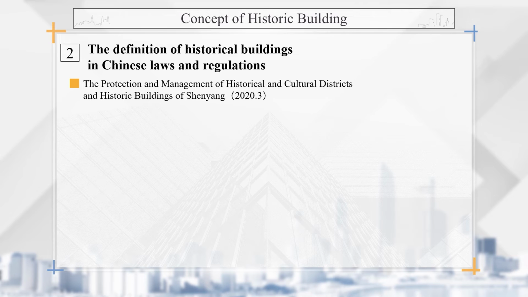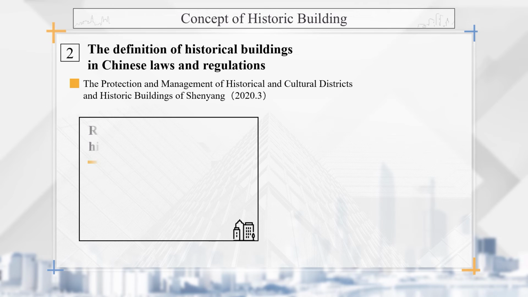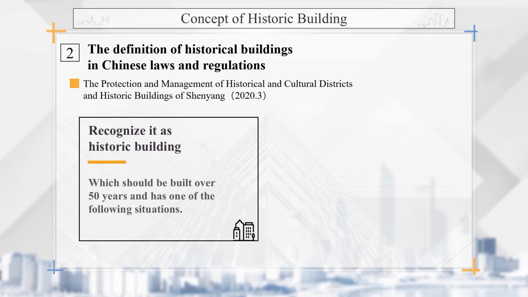Take Shenyang, for example. In the Measures for the Protection and Management of Historical and Cultural Districts and Historic Buildings of Shenyang, issued in 2020, Shenyang recognizes as a historic building one which should be built over 50 years ago and meets one of the following situations.